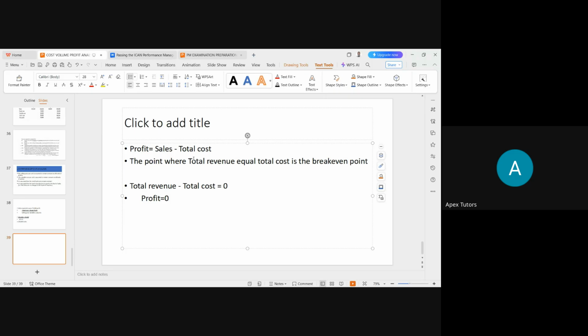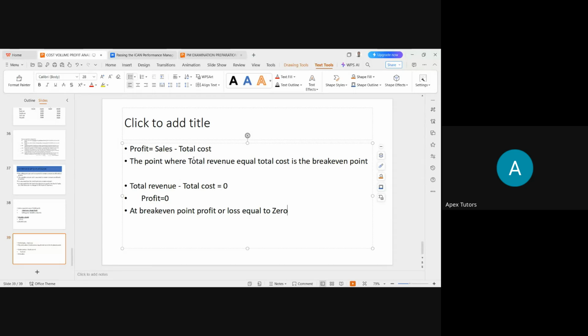So at break-even point, profit or loss is equal to zero.